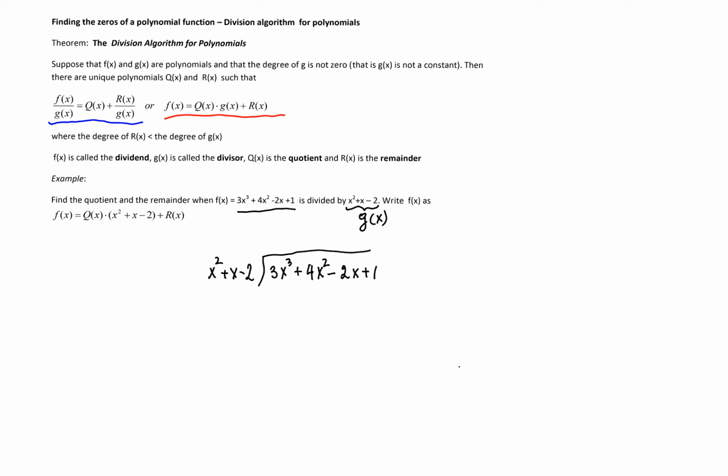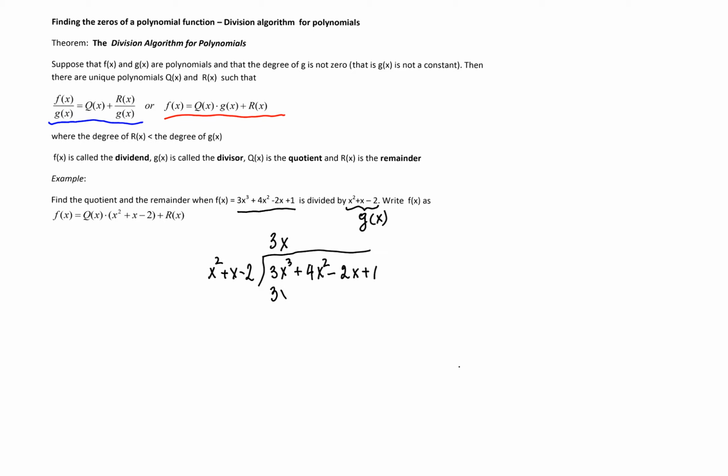So as discussed before, we'll divide the leading coefficient of the dividend by the leading coefficient of the divisor, and we'll get 3x. Now we multiply 3x by the divisor and write the answer below the dividend.